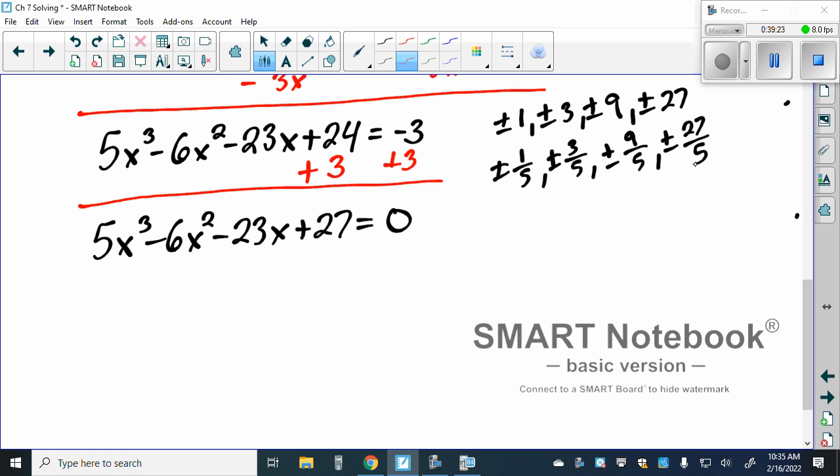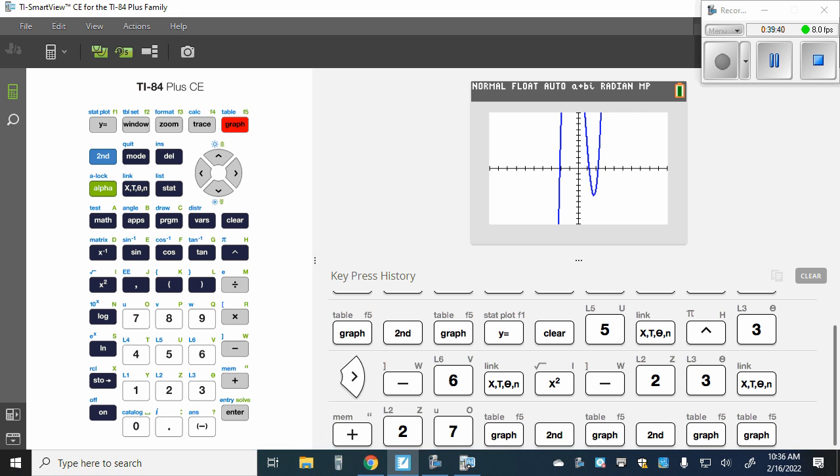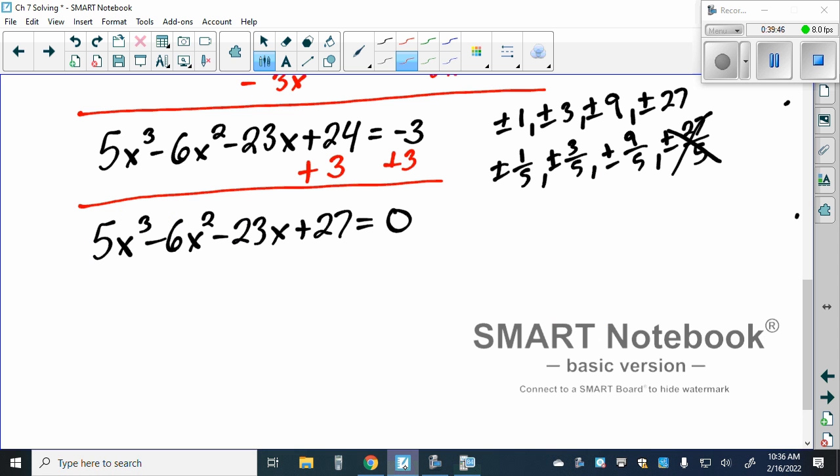Well, 27/5 is greater than 5 or less than negative 5, so these are technically out. 9/5 is either just slightly less than 2 or negative 2, and if we look back at the graph, we have greater than 2. Neither one of those looks like it could work. 1/5 is, I think, the best option that we have.